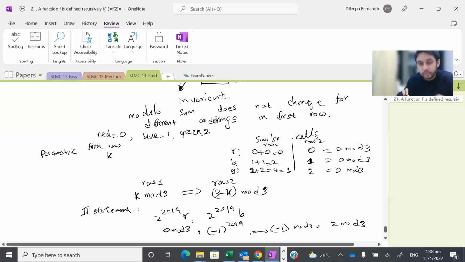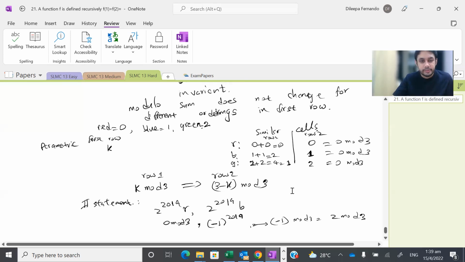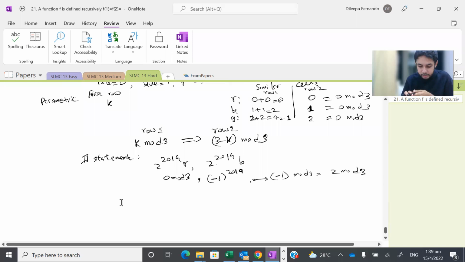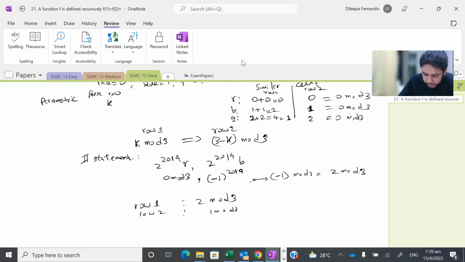So that means first row corresponding to the second statement, row 1 is 2 mod 3. Row 2 is 1 mod 3 and it alternates. And how many rows are there? 2021.